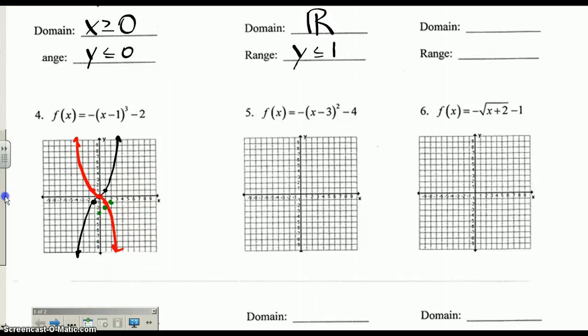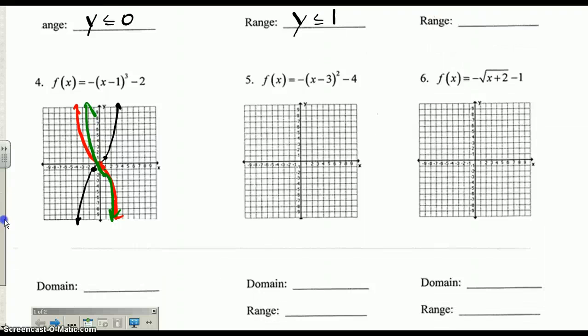Okay, really quickly, I worked with the parent function. I want to work with my reflection. So I'm going to go with these points. So I'm going to move to the right, down 2. Right here. To the right 1, down 2. To the right 1, down 2. Right here. And now here is my new graph.